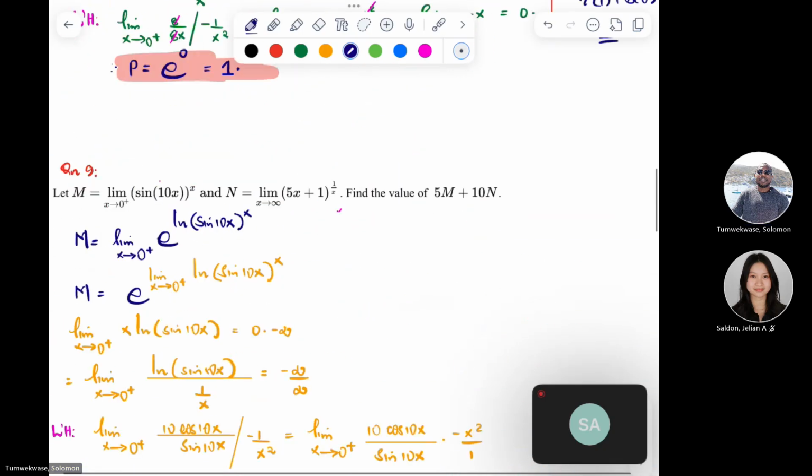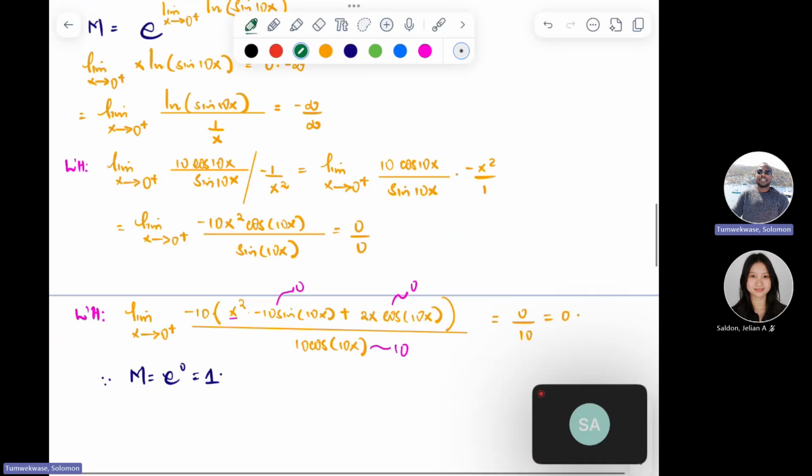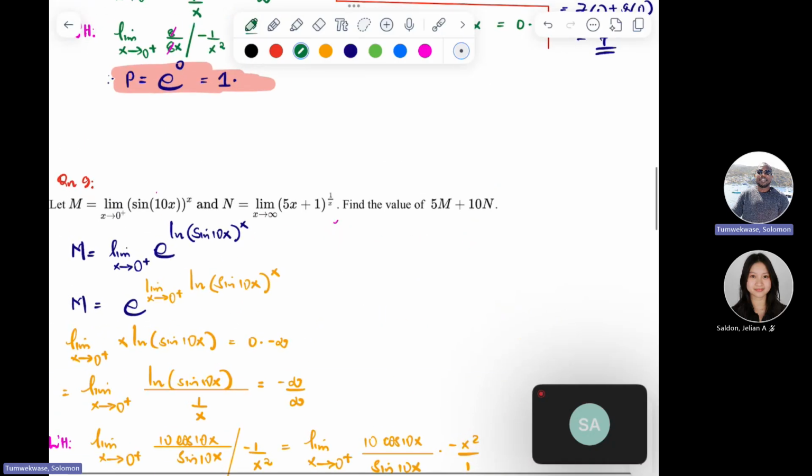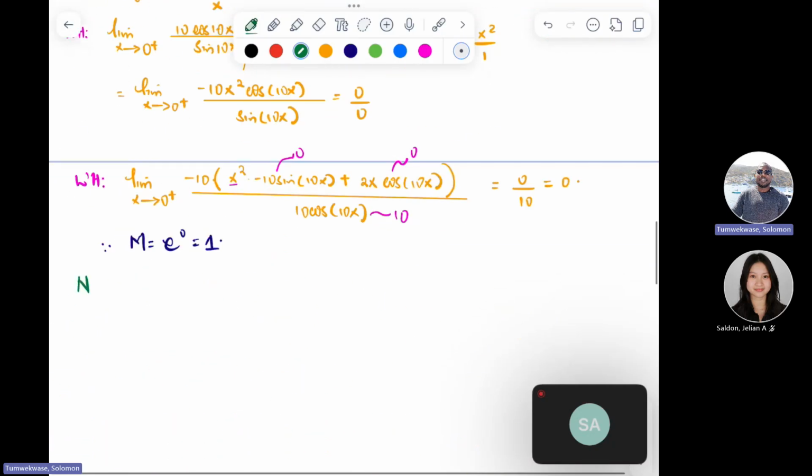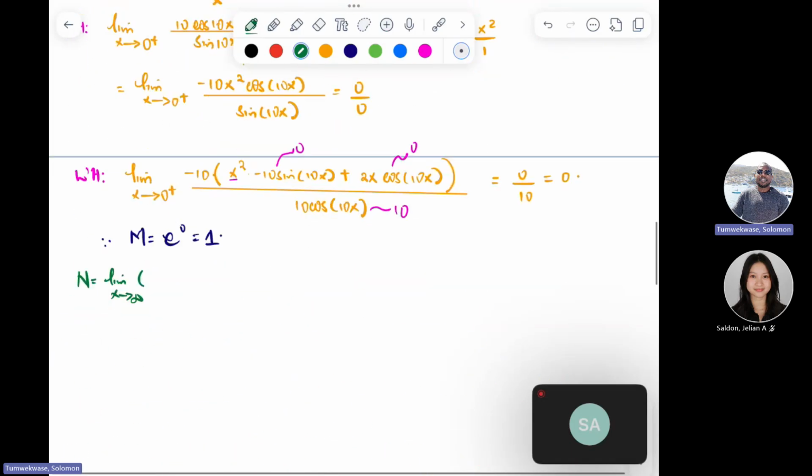Okay. I need to evaluate n, and n is the limit as x approaches infinity of 5x plus 1 to the power 1 over x. And once again, this is infinity to the power 0.